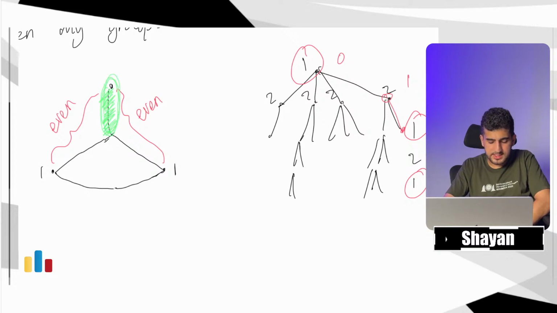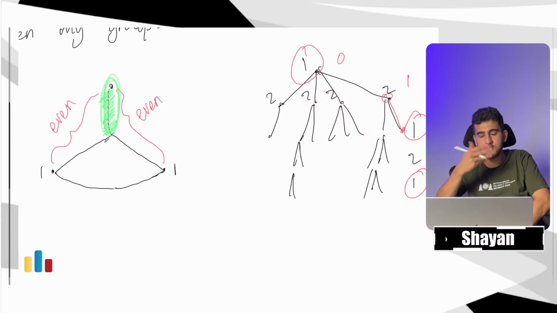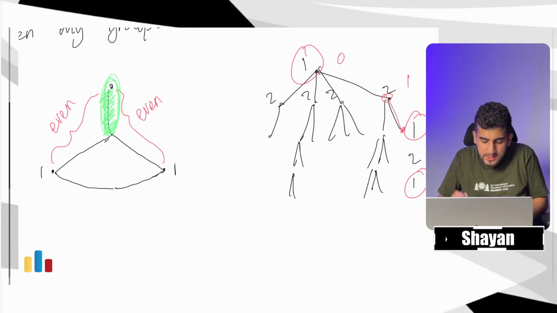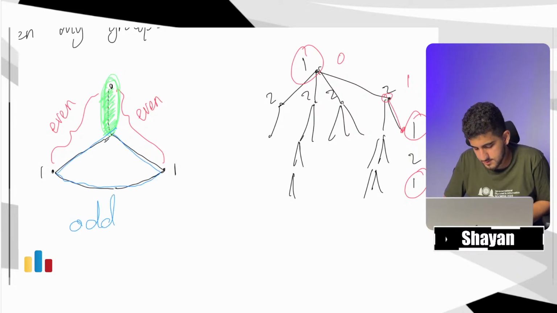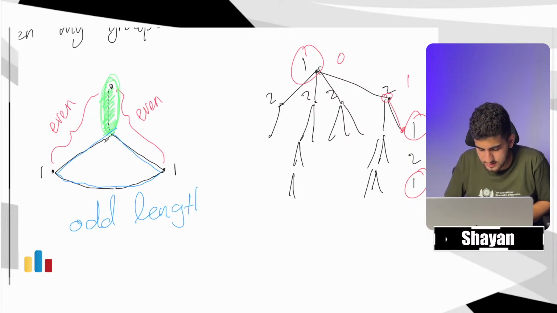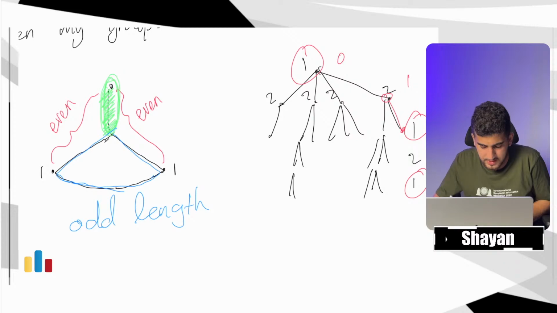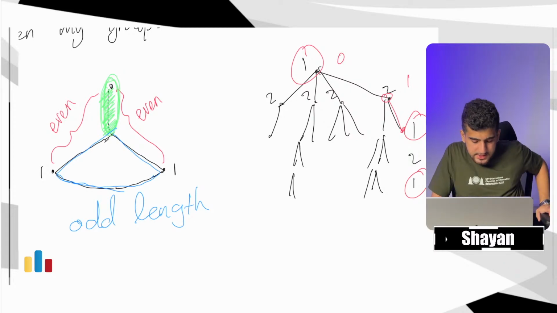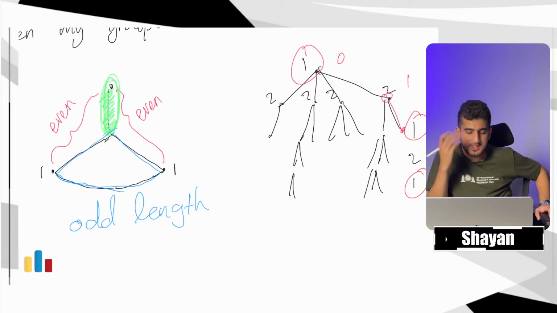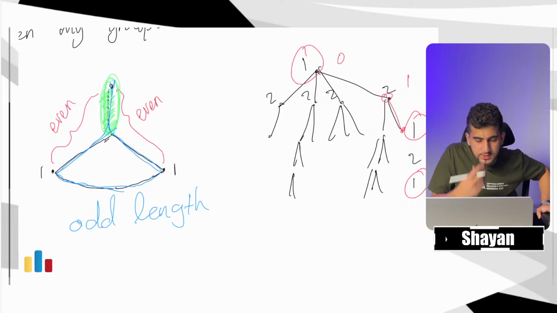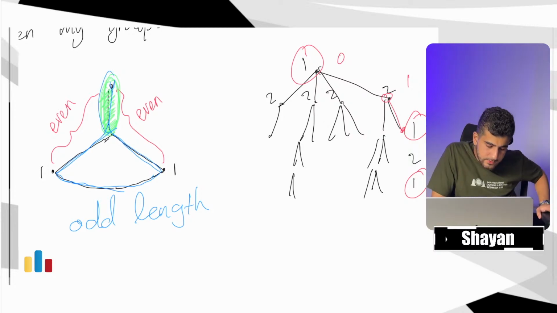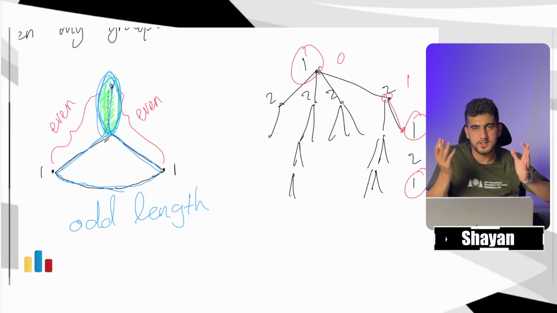So I can say that we have a cycle here with an odd length, if that happens. Why? Because there was an edge here, and then the rest of it has an even number of edges, so in total I have even edges, and this part is counted twice, so it has no effect on parity.